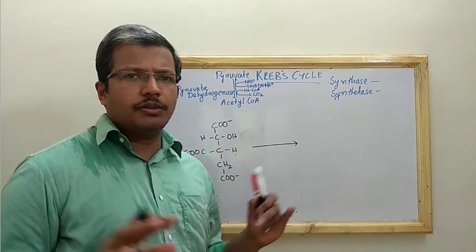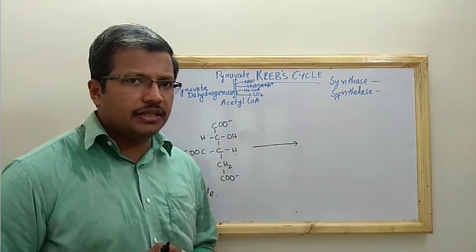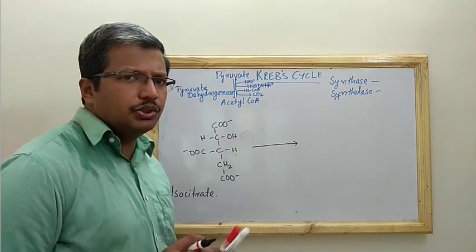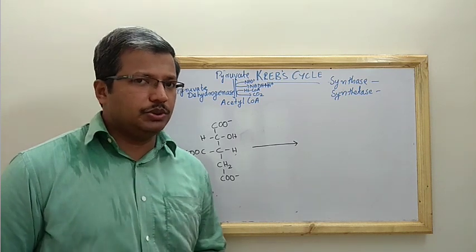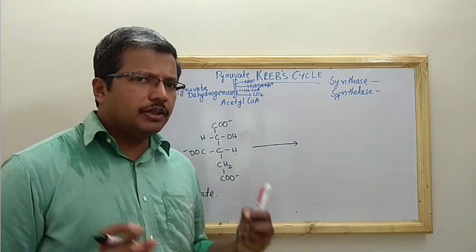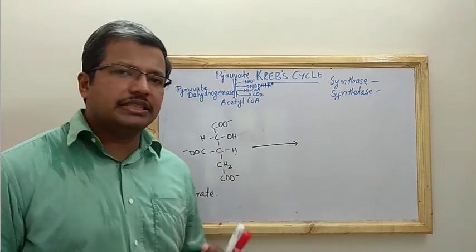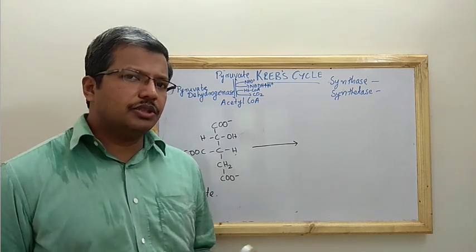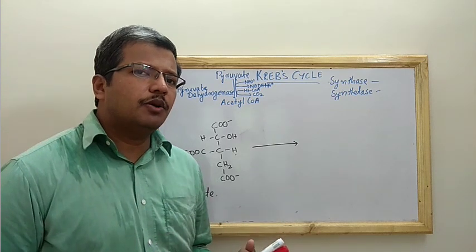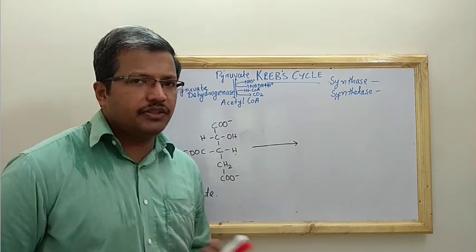For a degree program, you don't have to learn about that intermediate compound. That's why I did not draw the structure of cis-aconitate also. We are representing it in a single step, but actually it is a two-step process where the intermediate compound oxalosuccinate is formed.